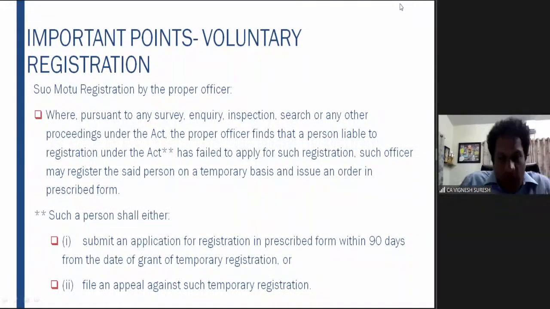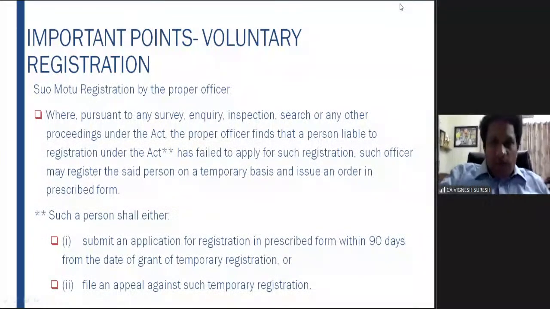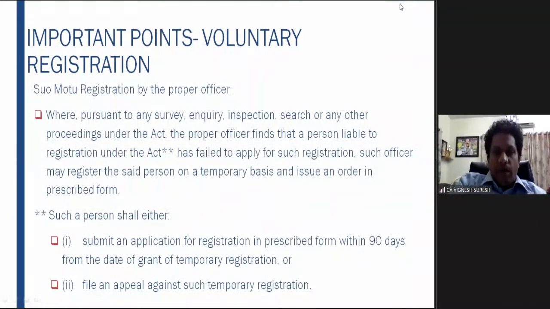So in case he has issued some other notice and a survey, inquiry, inspection, etc. has happened, and he has seen that this person, though liable to get registered under GST, has not got himself registered, then the officer will register that person on a temporary basis and issue the order in the prescribed form.